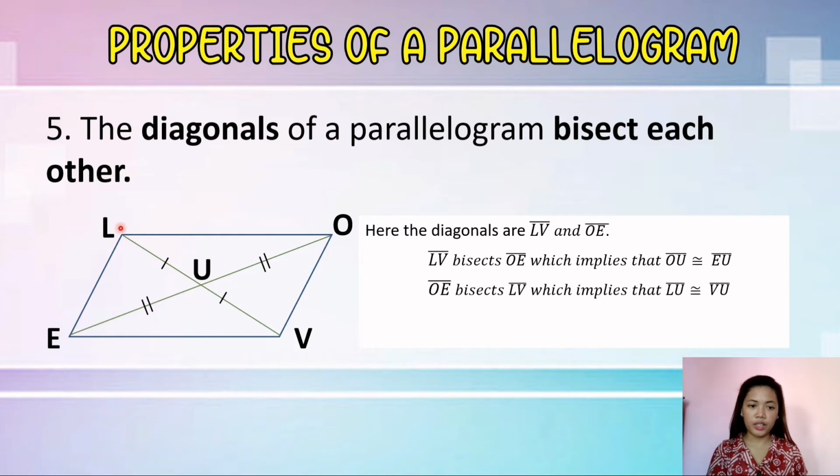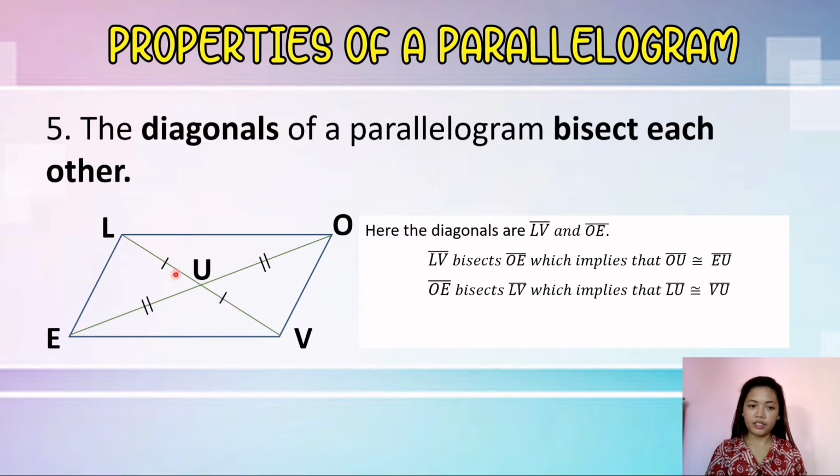For example, we have L as our one vertex. So to create a diagonal, here we will connect the non-consecutive vertex, which is V. So, hindi kasunod. Kung consecutive kasunod, ang non-consecutive hindi kasunod. So, it is only one vertex that is non-consecutive to each vertices.